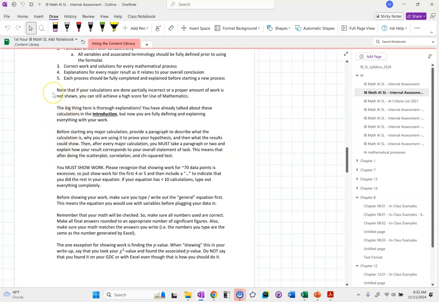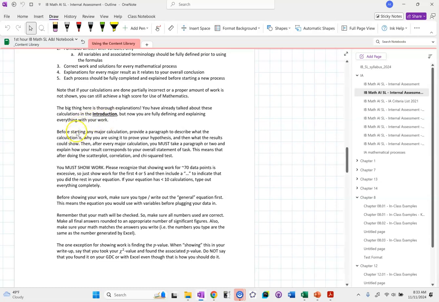So the big thing here is the thorough explanations, like you need to explain. You probably mentioned already in the introduction briefly what calculations you're planning to do and what they're going to show. Here you would want more explanation, a little bit more thorough explanation.